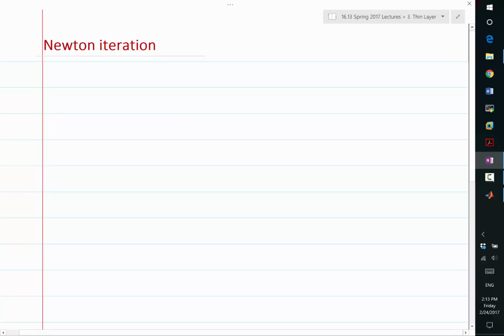We are solving a huge nonlinear system of equations f(x) = 0, where we have the same number of equations as unknowns, just as we had on the last page: 3n plus 3 unknowns, 3n plus 3 equations.